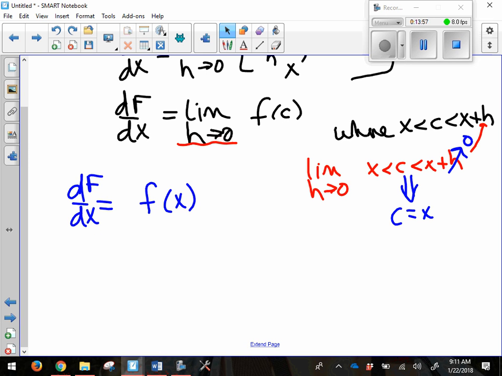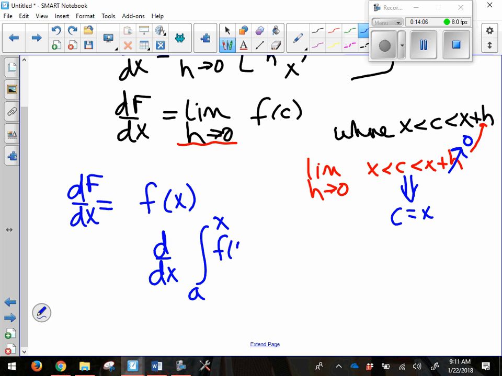So what this tells us is that d by dx of my integral from a to x of f of t dt is going to be equal to f of x.